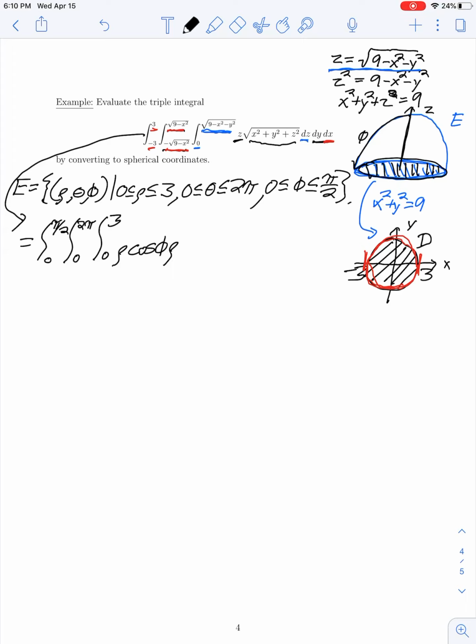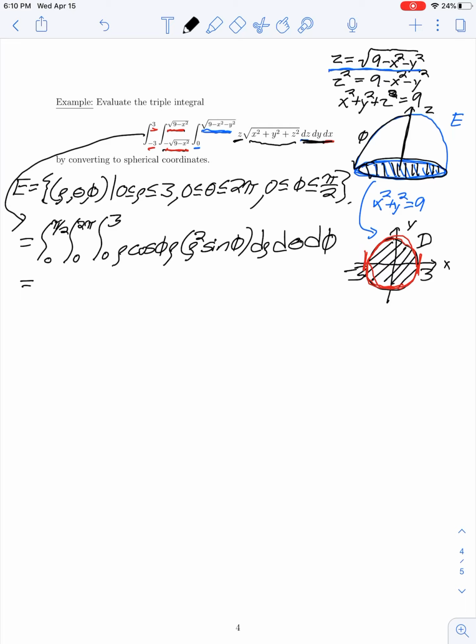Taking our square root, we have rho. And then changing the differential of volume from rectangular coordinates dz, dy, dx to spherical coordinates, recall that we pick up an extra factor of rho squared sine of phi. And then we're integrating here in the order d rho, d theta, d phi.